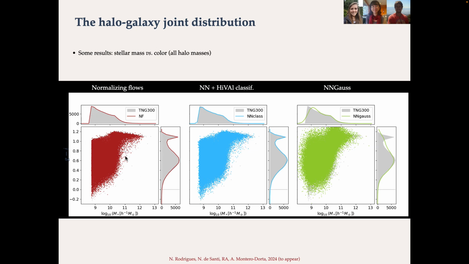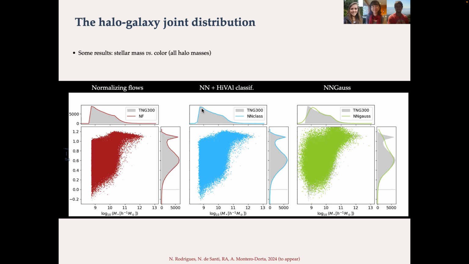In this case, on the left, in red, is the normalizing flows prediction for where you would end up in the stellar mass color space for each one of the central galaxies in our Illustris halos. In the middle, we have the neural network using the hierarchical Voronoi classification scheme for creating these classes, and they are very similar.